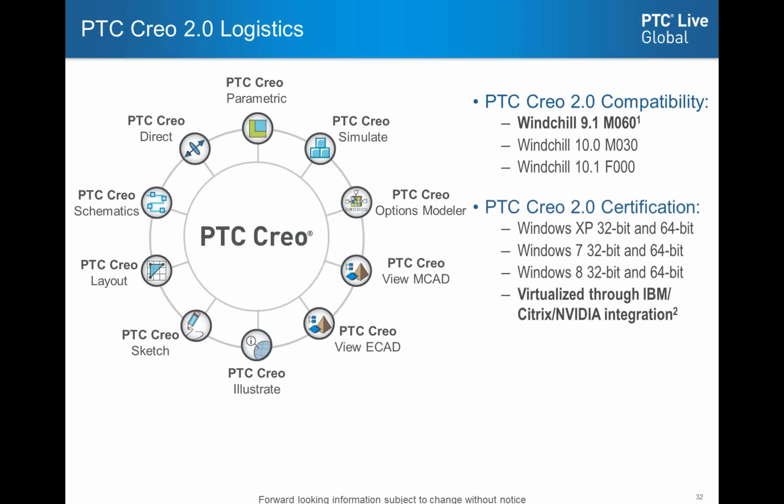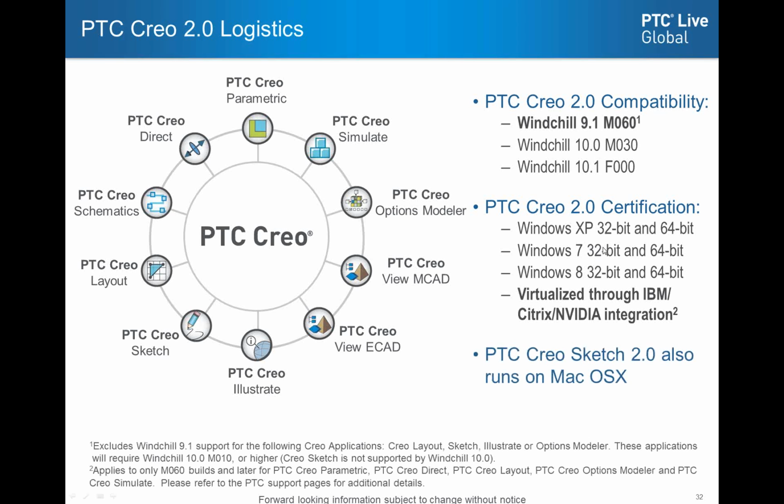We also have certified virtualization with an IBM, Citrix, and NVIDIA integration. So virtualization allows you to run Creo remotely on a virtual server. And just incidentally, Creo Sketch as a separate app also runs not only on Windows but also on the Mac OS.